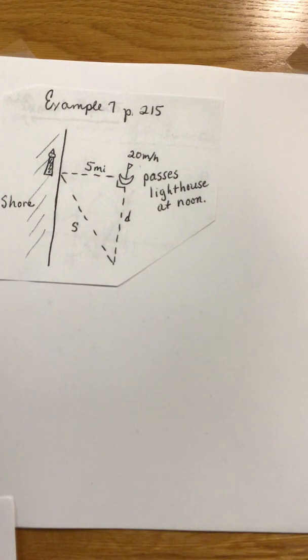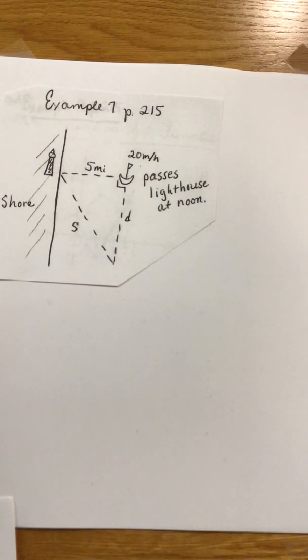So find a function such that s equals f of d. The second one says express d as a function of t or time. So find g so that distance equals g of t. And then what does the composition express? All right, so that's a little overwhelming, I know.